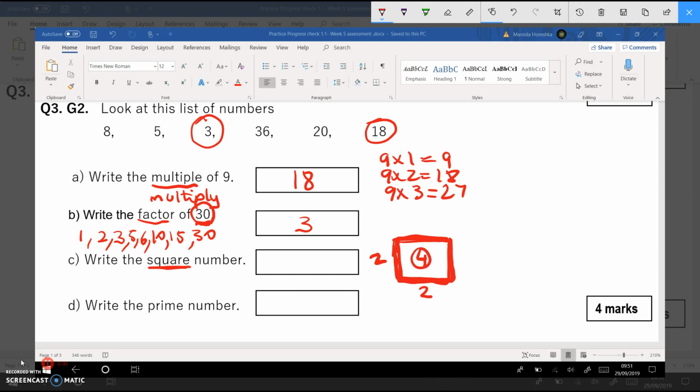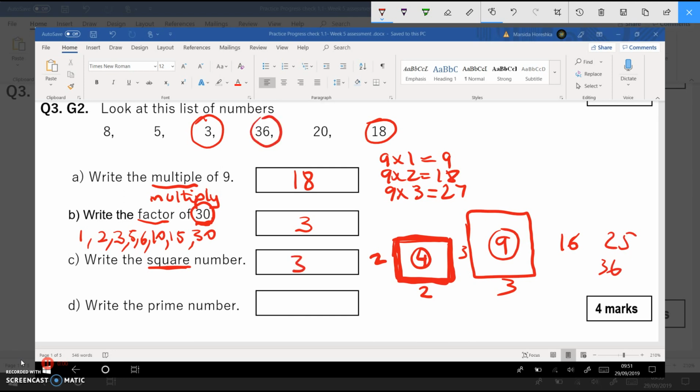So 4 is a square number. If I have 3 centimeters times 3, that's going to be 9. So 9 is another square number. So 4 times 4, that will be 16. 5 times 5 is 25. 6 times 6 is 36. And as you can see, 36 is appearing here. So I'll write 36.